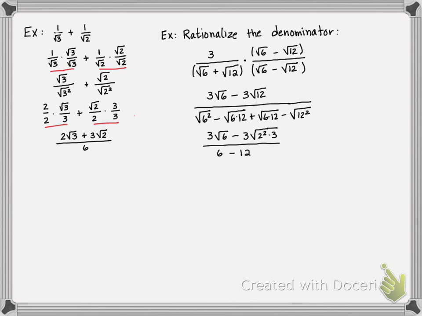Right, and if you actually did the square root of 72 and the square root of 72, that's fine, but I knew these were going to end up being 0 anyway, so I just didn't trouble myself with figuring out what 6 times 12 was. And then we have 3 root 6 minus 3 times 2 root 3 over negative 6.